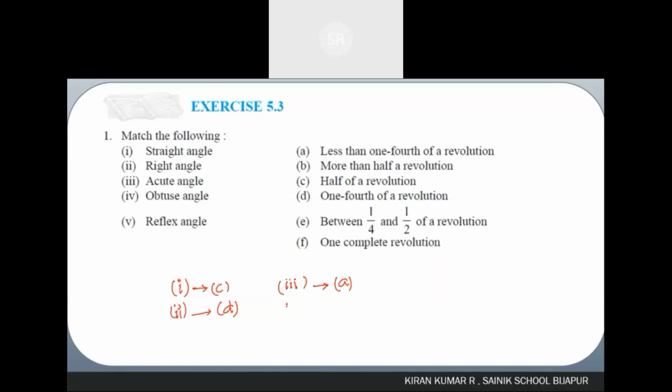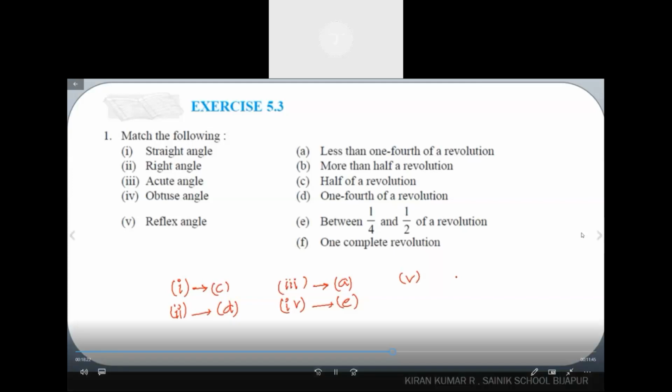So the fourth one is E, between 1/4 and 1/2 revolutions. Reflex angle is the angle which is more than 180 degrees.